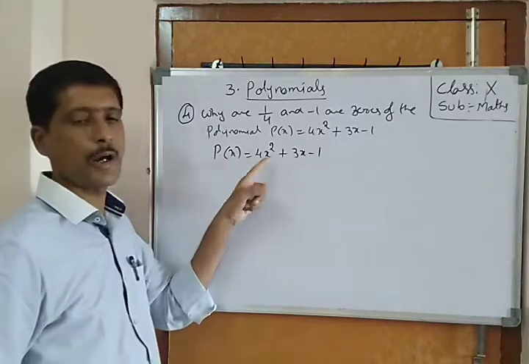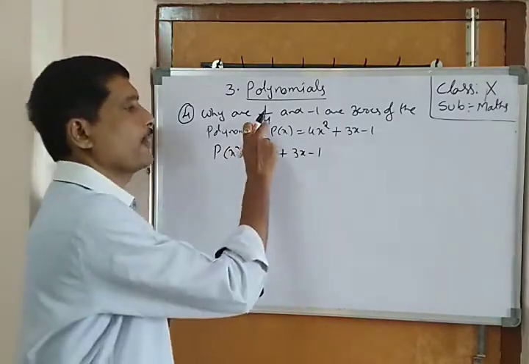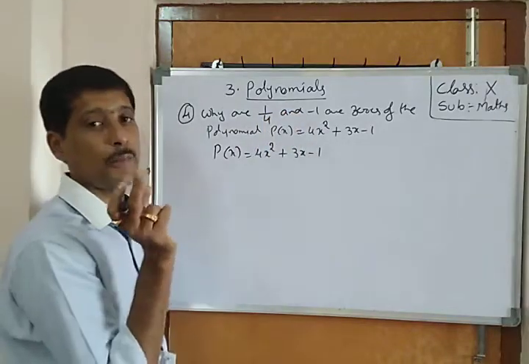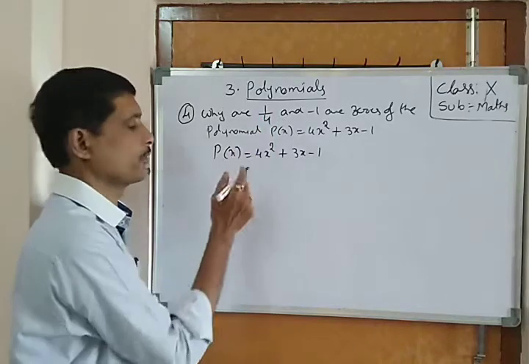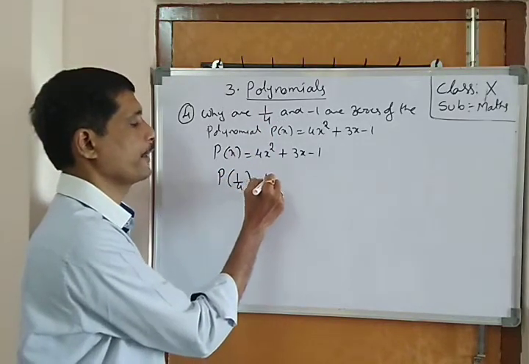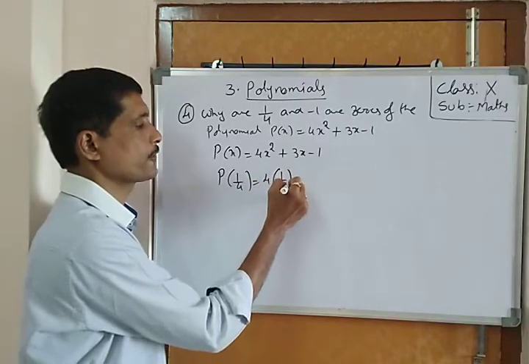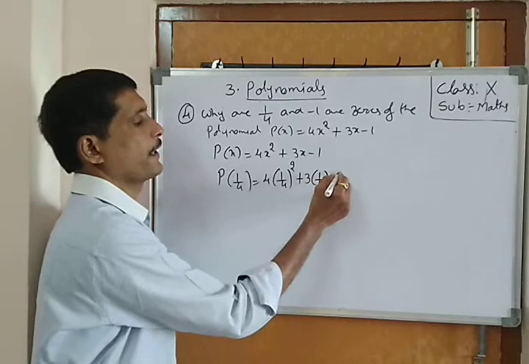Here degree is 2. Compulsory 2 zeros, that is equal or not equal. What is here? 1 by 4 and minus 1 are zeros of the polynomial is given. Substitution here. First time x is replaced by 1 by 4. Therefore p of 1 by 4 equal to 4 into 1 by 4 whole square plus 3 into 1 by 4 minus 1.